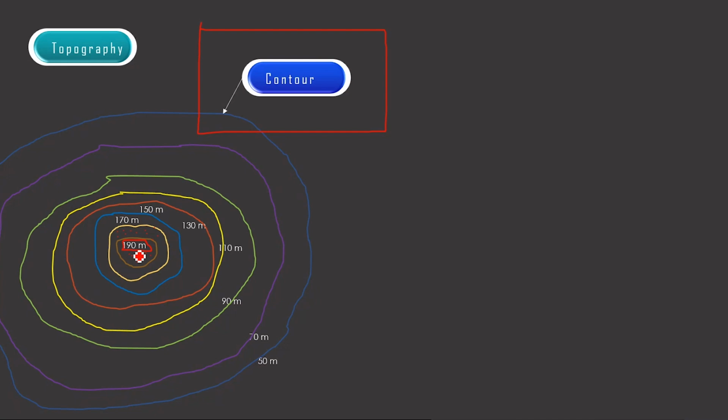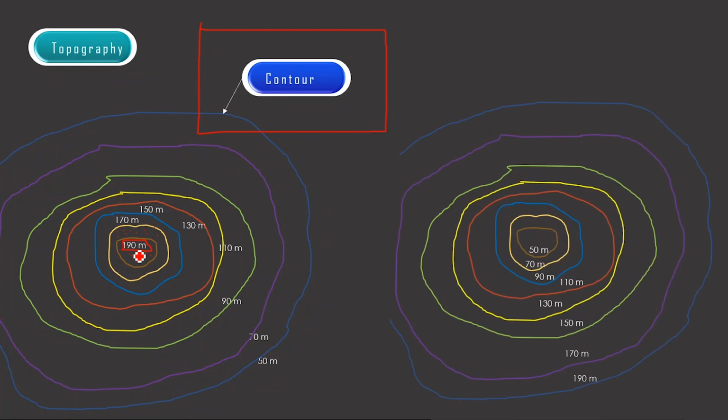We have to go a little ahead of this. Just as an example, if this is another contour map of an area, you see here the value of the contours is reducing when you move away from the center, whereas in the earlier case the value of the contours increases when we move away from the center. So we know that was represented by a hill.